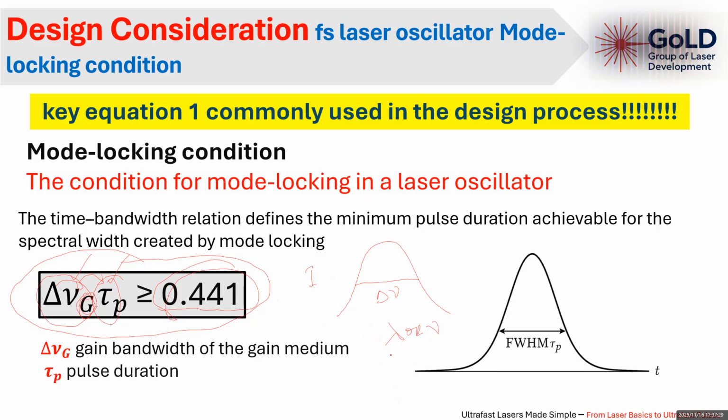So this one here is not the spectral bandwidth, it's the gain bandwidth. And pulse duration is obvious. This one is the pulse duration, the full width at half maximum of the temporal profile.